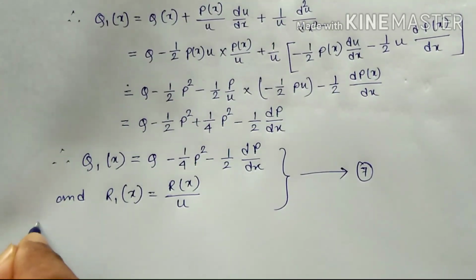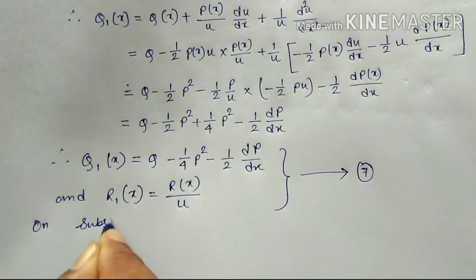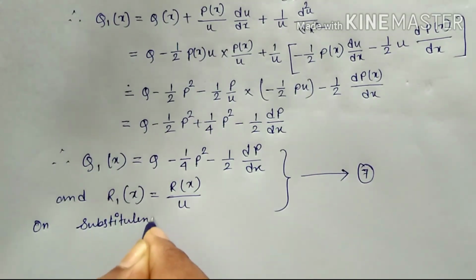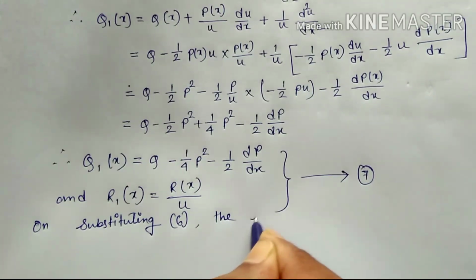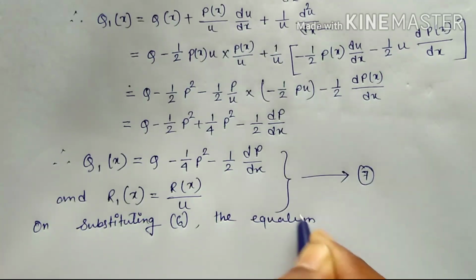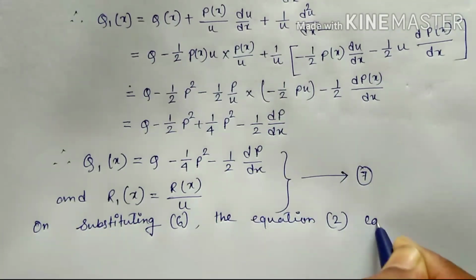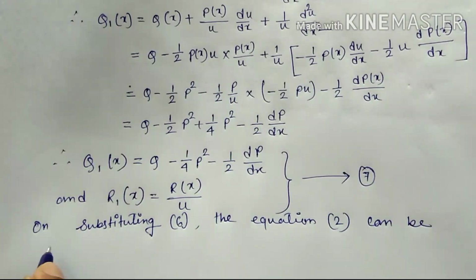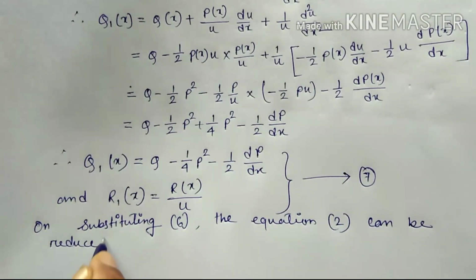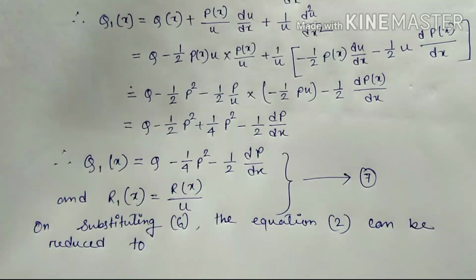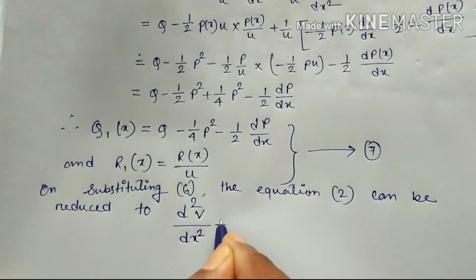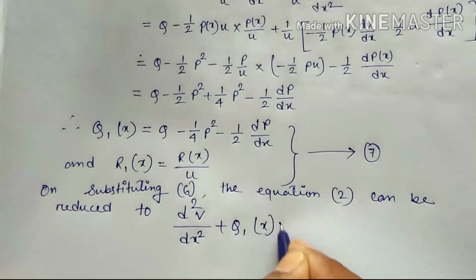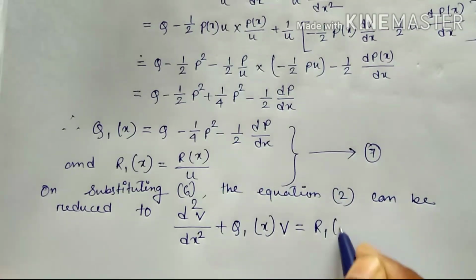On substituting 6, the equation 2 can be reduced to d2v upon dx square plus q1 of x into v is equal to r1 of x.